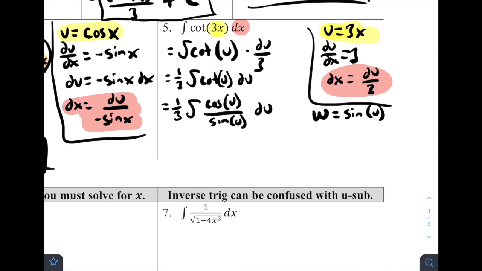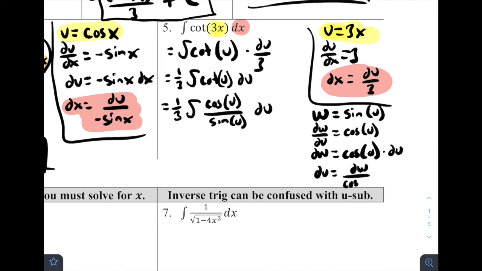This is my side work over here. dw du, why du? Well, the variable here is now a u, not an x. So dw du is equal to cosine of u. If we get du by itself, dw is equal to cosine of u times du, which means that du is equal to dw over cosine of u.